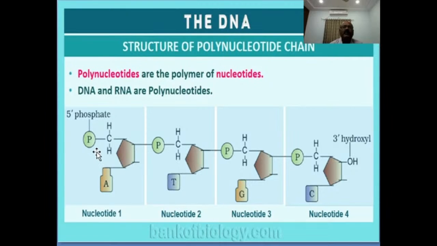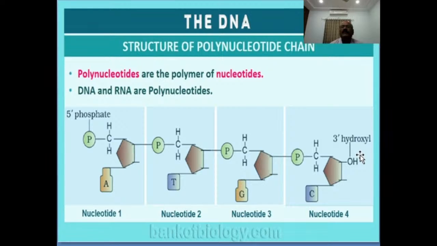You see here, phosphate is connected to the fifth carbon of the deoxyribose sugar. That's why this is called 5 prime. So 5 prime is the starting point of the DNA chain. You see here, the hydroxyl group is connected to the third carbon of the sugar.